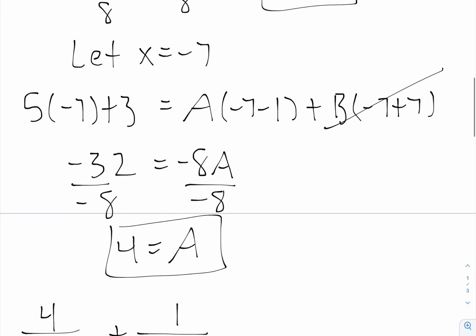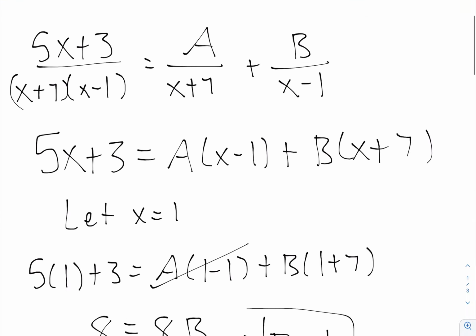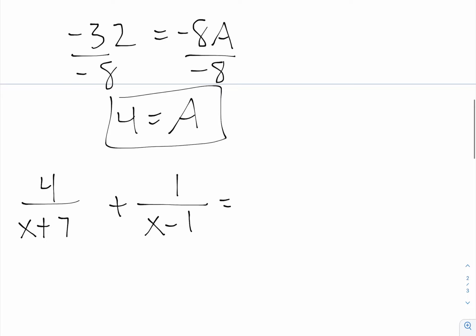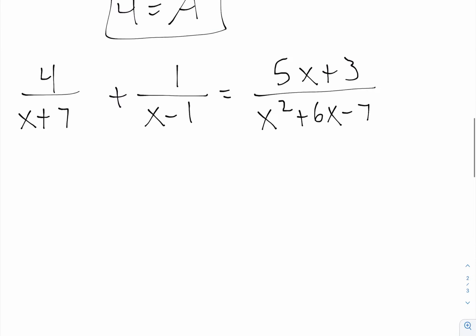Yes. So this is an equivalent way to write what we started with, 5x plus 3 over x squared plus 6x minus 7. And you'll find that if you simplify this, get these into common denominators, and combine them together, it's going to be the same thing as this right side here.